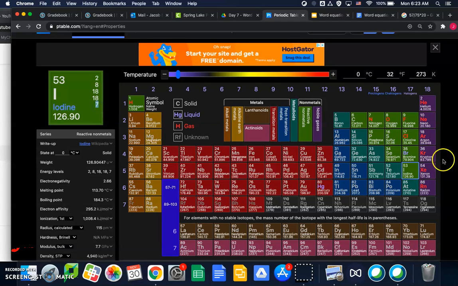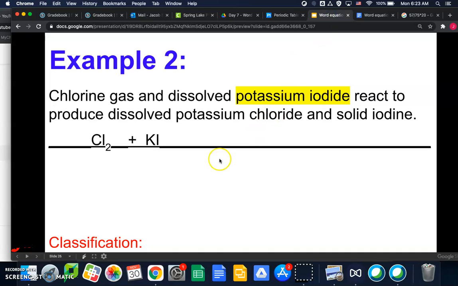It'll gain 1 electron to have a -1 charge. And then +1 for potassium, -1 for iodine. And so for that reason, this one's already balanced. +1 plus -1 equals 0.